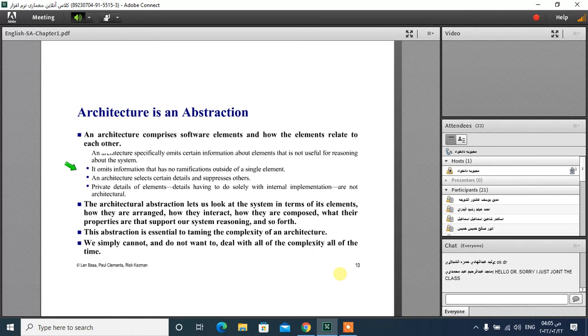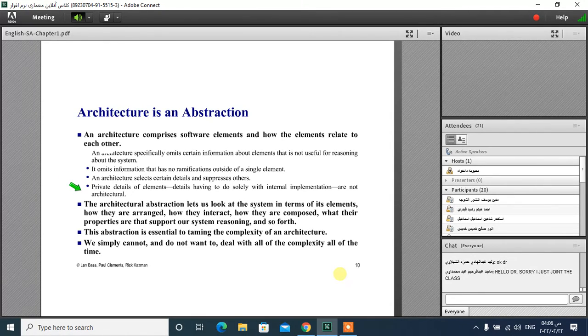And we have a goal for that, because they don't have any ramifications outside of the element. They are important in the element, but they are not useful for other elements, and they cannot affect the interaction of that element with other elements of the system. So in an architecture we select certain details and we suppress other details.